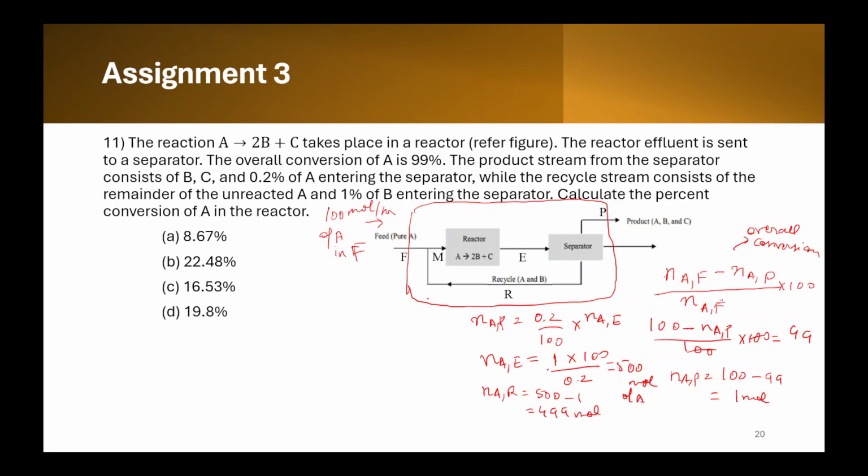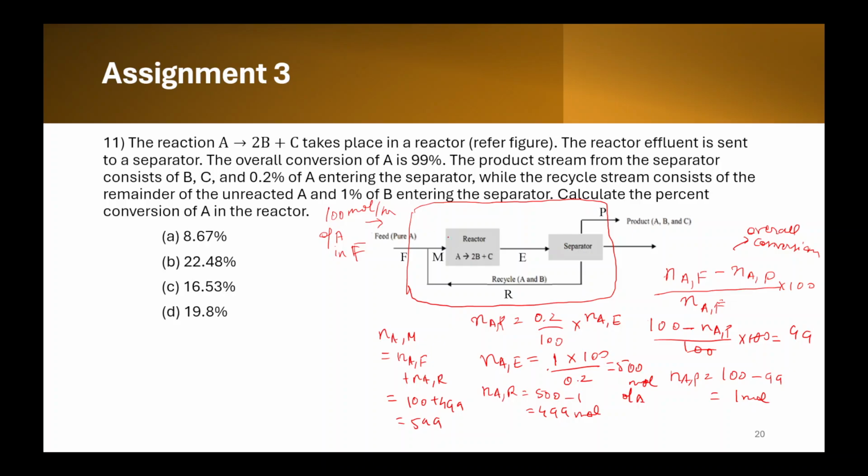And then this recycle stream is being added to the fresh stream. So now what will be the Na in M? That will be the sum of Na in F plus Na in R. So 100 is coming in as Na in F, correct? So 100 plus 499. So that will be 599. All right.